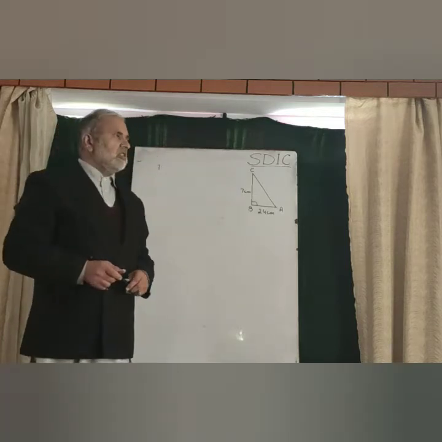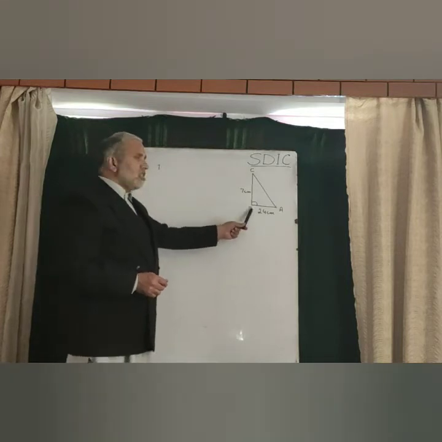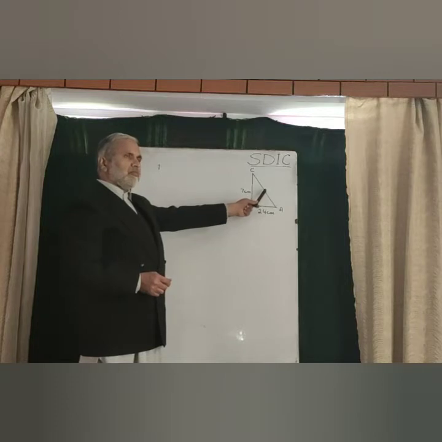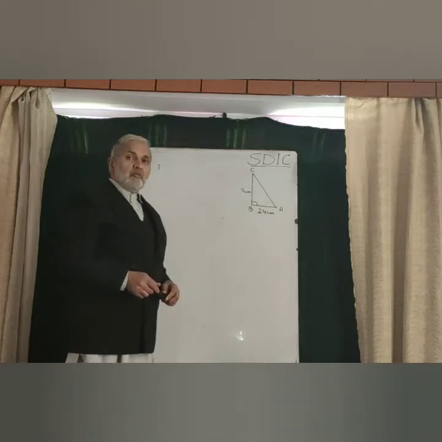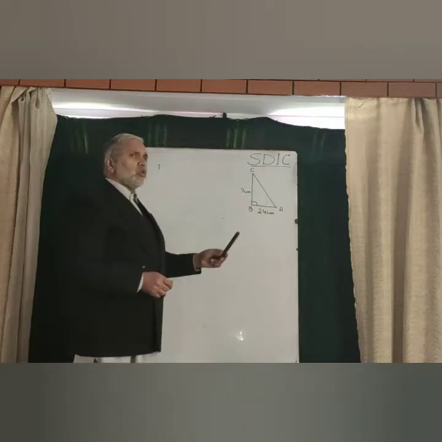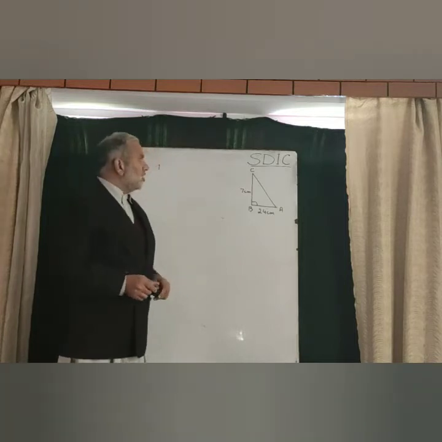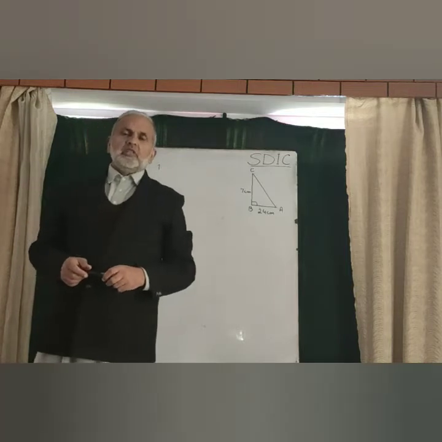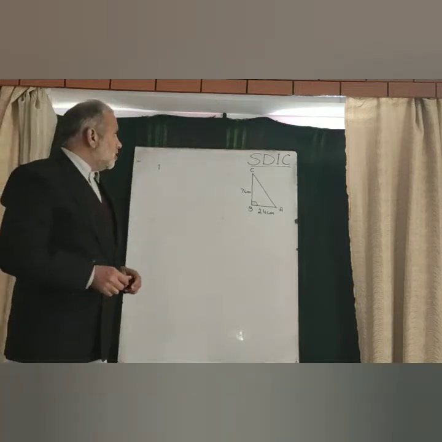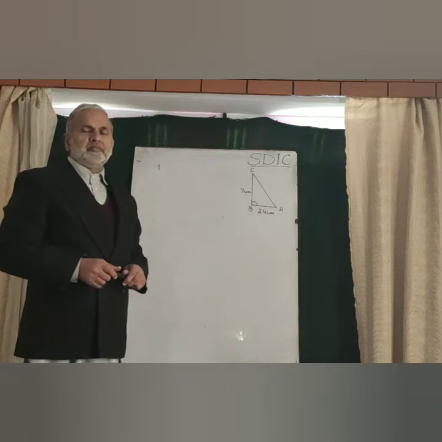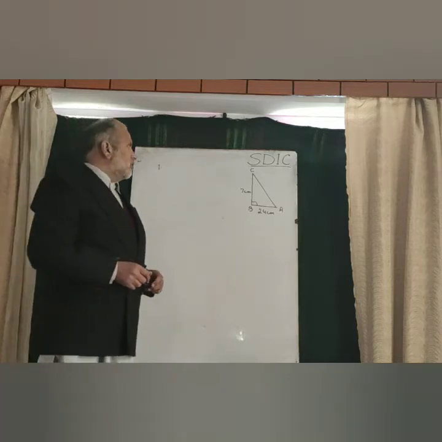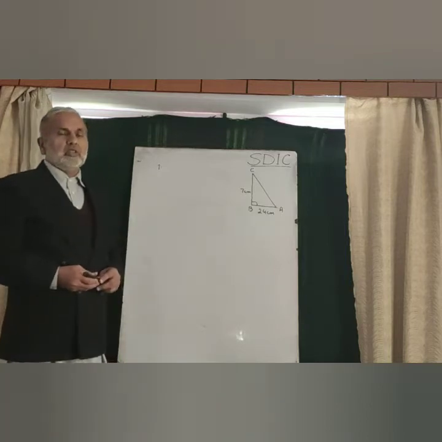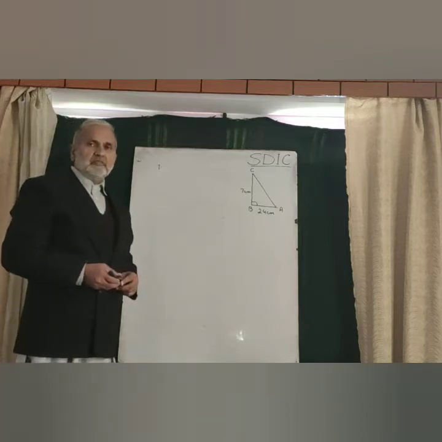In this triangle, which is right angled at B, AC is the hypotenuse, so square of AC will be equal to the sum of the squares of the other two sides. The other two sides here are AB and BC. Sum of their squares, square of AB, square of BC, their sum will be equal to the square of AC. So we'll be applying Pythagoras theorem to find first the third side AC.